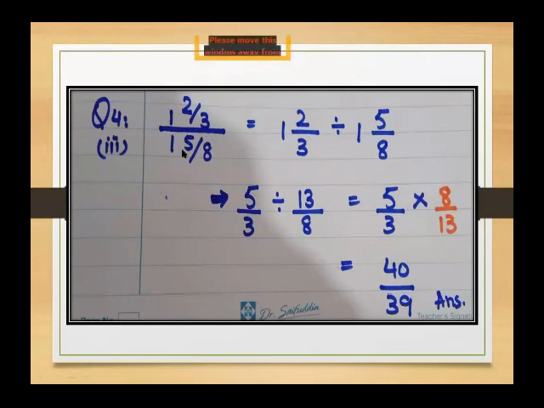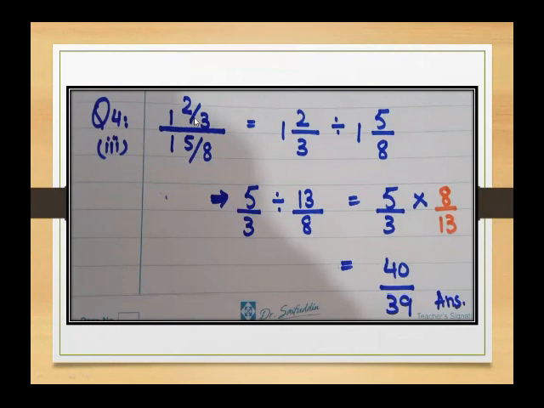Now start the simplification. Its numerator is a fraction, its denominator is a fraction. Both the numerator and denominator contain a mixed number, so this is a complex fraction, 1 whole 2 upon 3 and 1 whole 5 upon 8.